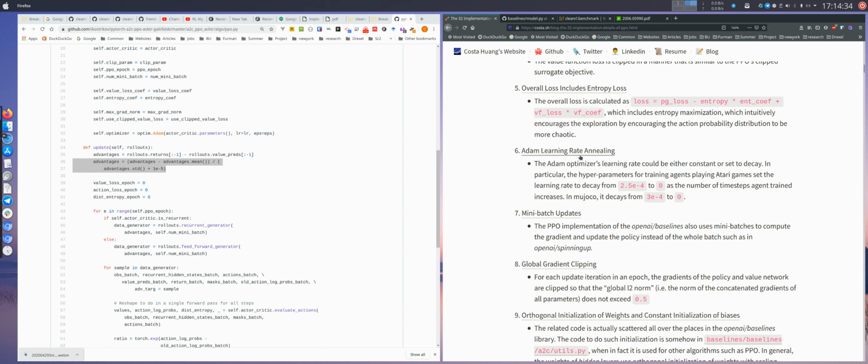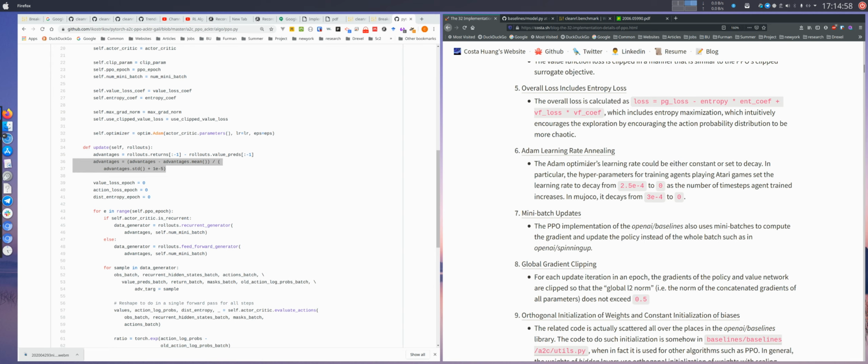And there's also this learning rate annealing. For Atari, the learning rate is set to decay from 2.5e-4 to 0 as the number of time steps the agent has trained increases. In MuJoCo, it decays from 3e-4 to 0.